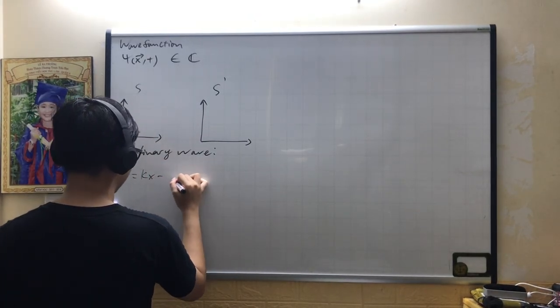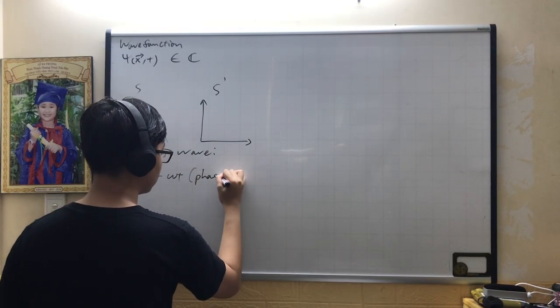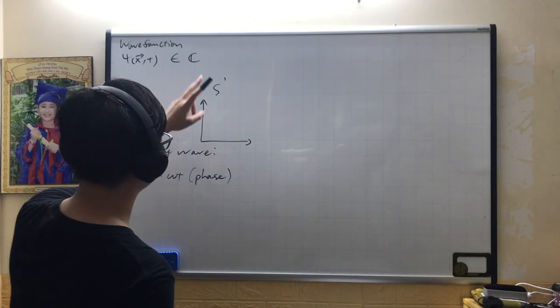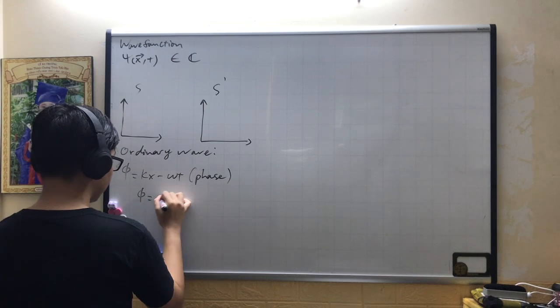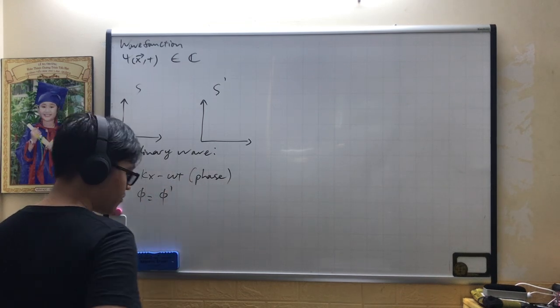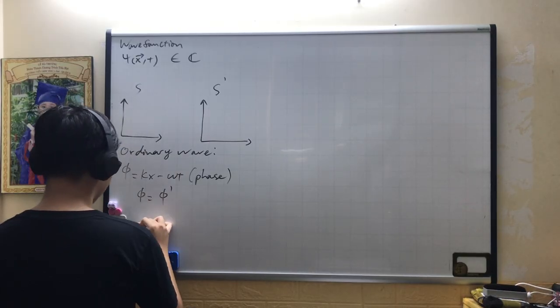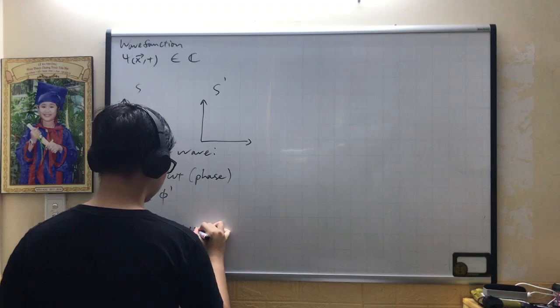It would equal kx minus omega t. This is a phase. And this guy, when observed in S and S prime, would be the same. So we say that phi would be equal to phi prime. This consequently would make k equal to k prime and omega equal to omega prime.